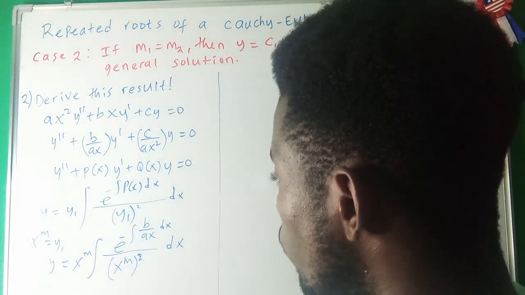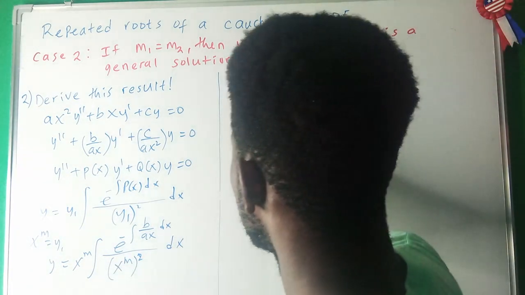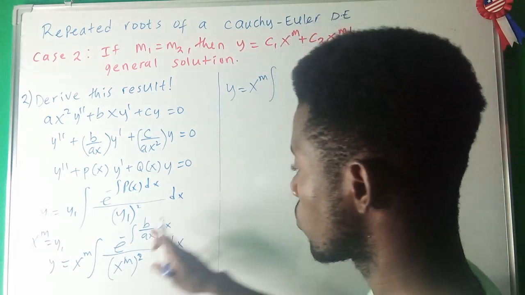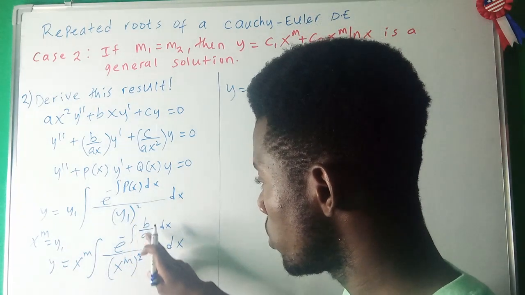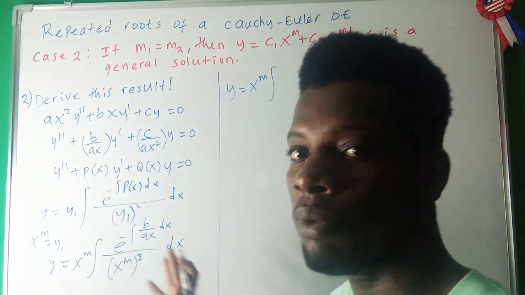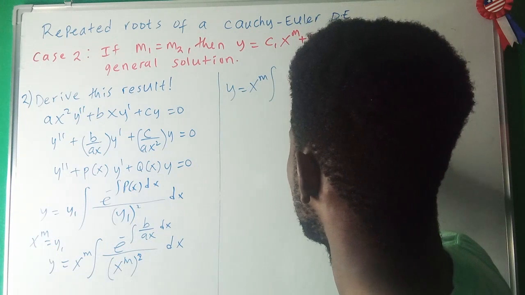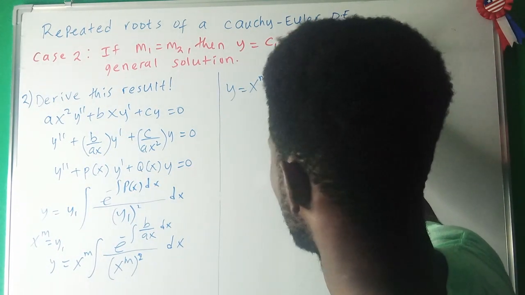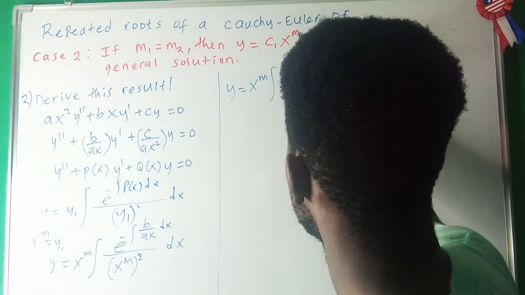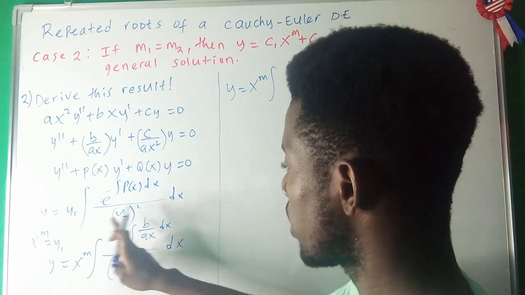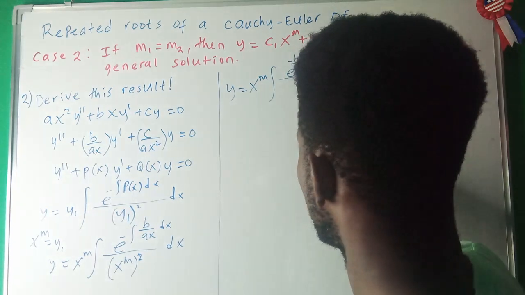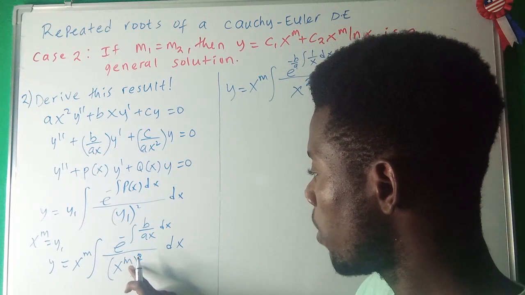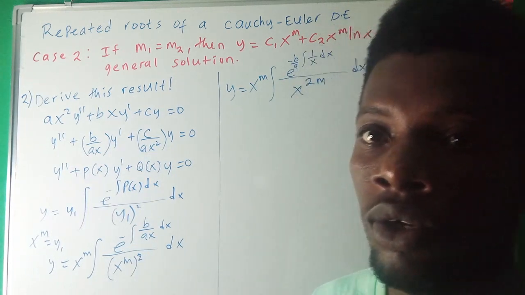Okay, after that we move on to write y equals x to the power m, the integral of, we want to integrate this. To integrate this, b over a is a constant, so it goes outside the integral sign, and then we just have e raised to the power of minus b over a, the integral of 1 over x dx, all divided by x to the power of 2m dx. So x to the power m all squared is x to the power 2m.